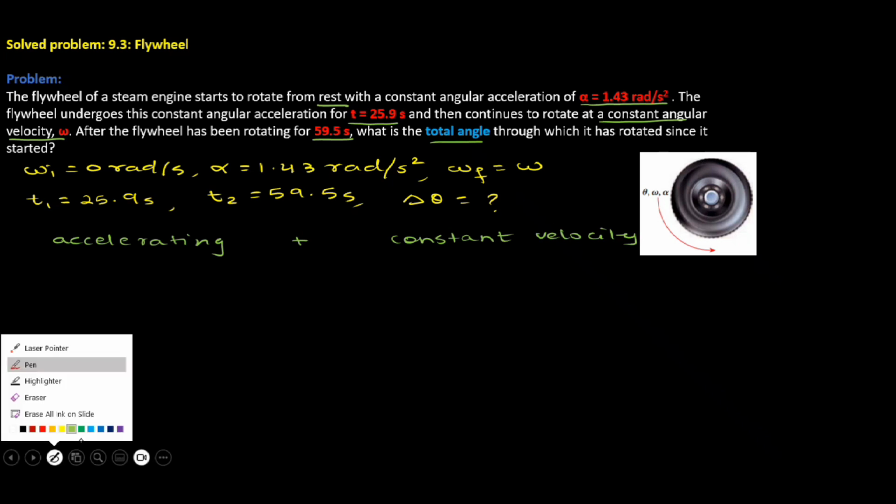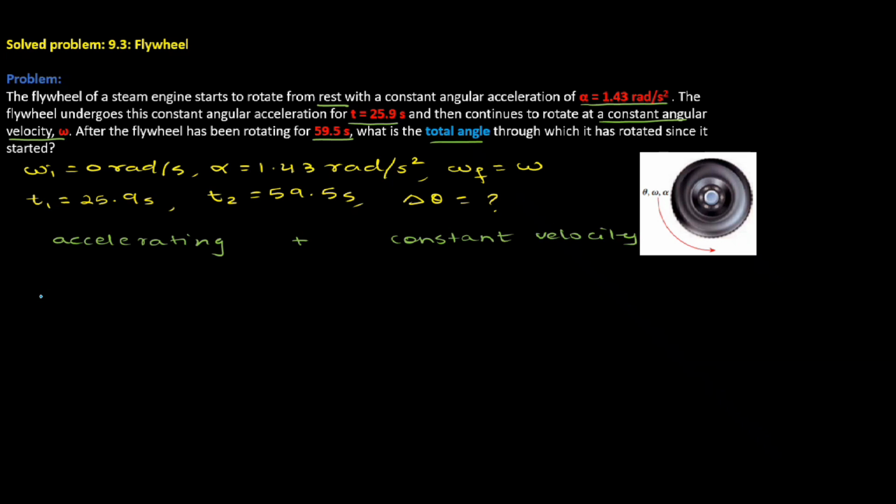When the flywheel was accelerating, we can calculate the angular displacement delta theta by using the equation of motion. So we write delta theta equals omega I t plus half alpha t squared. Now, since this is the region only when we are accelerating, we will take the time to be equal to t1 because it is only until t1 that the flywheel is accelerating. So let's write t as t1 here.